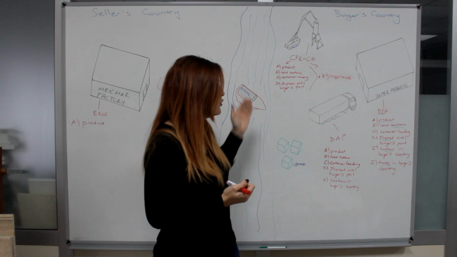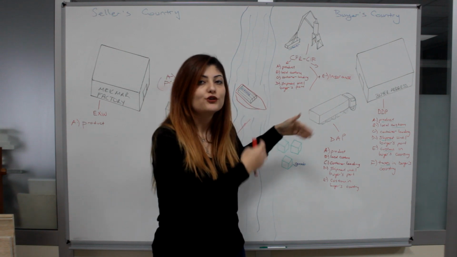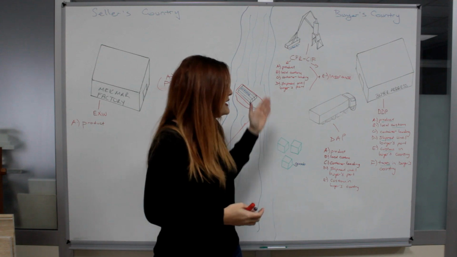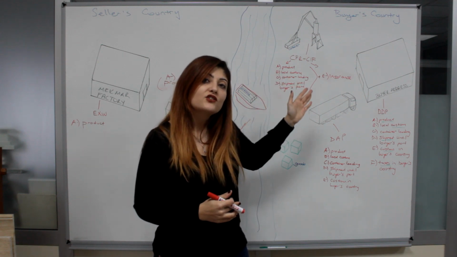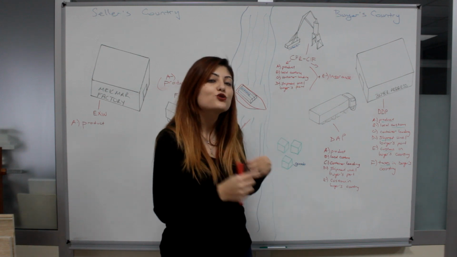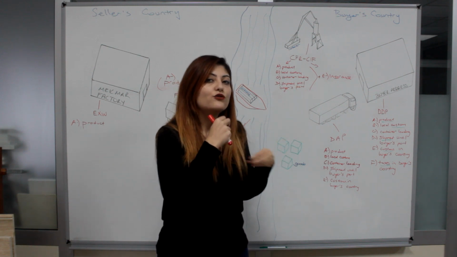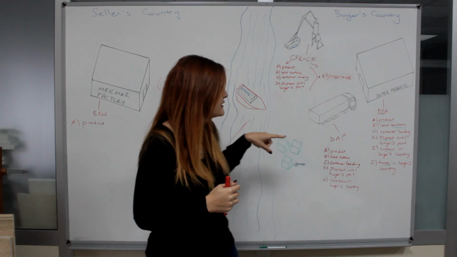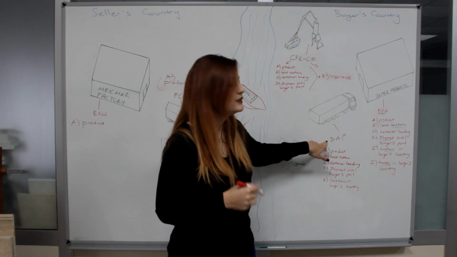But we also come to that side of the process, customs and taxation. Here, the product came to your country, but this product came from another country, so there needs to be some kind of customs and taxation process in your country, and that is the DAP delivery term.